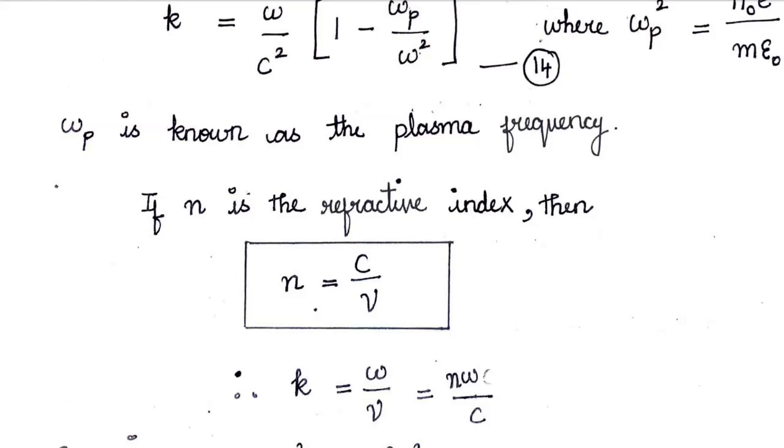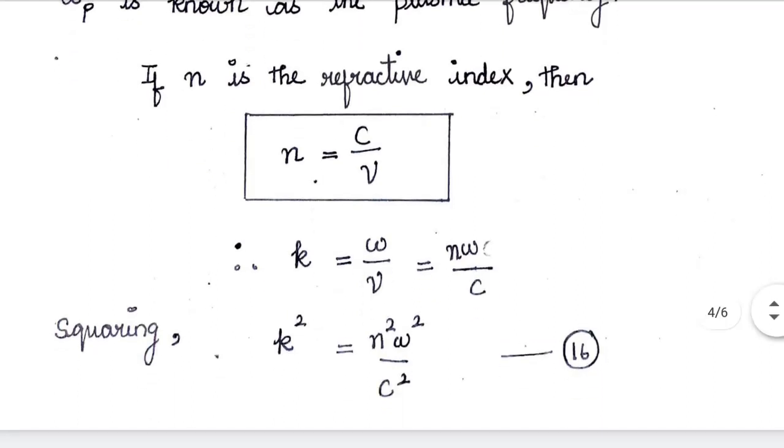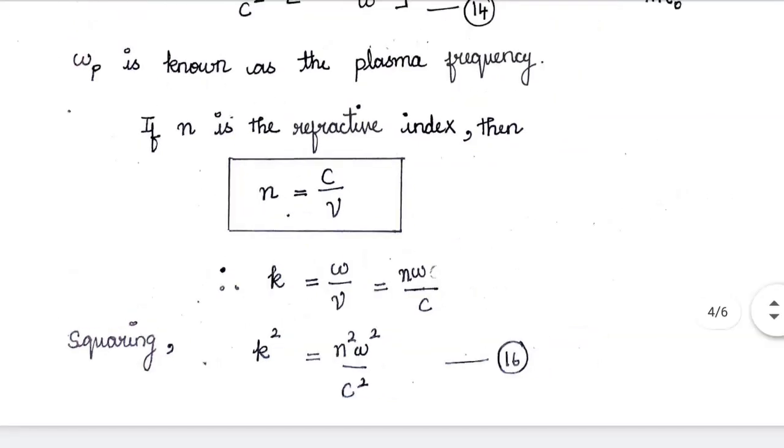We have already defined the propagation vector k is equal to omega by v. So in place of v, we can write c by n. So when you substitute the phase velocity v is equal to c by n, we get k equal to n omega by c. And let us square it. When we square it, we get k square is equal to n square omega square by c square.